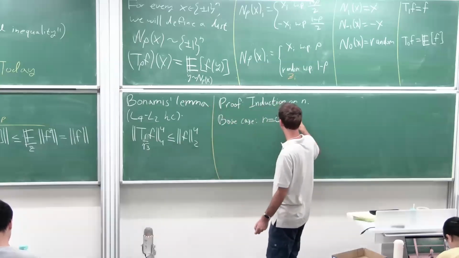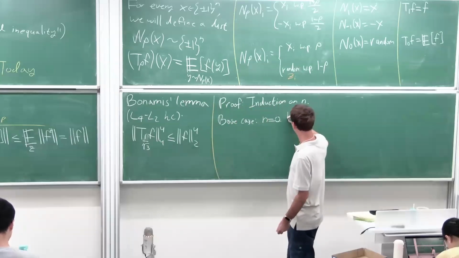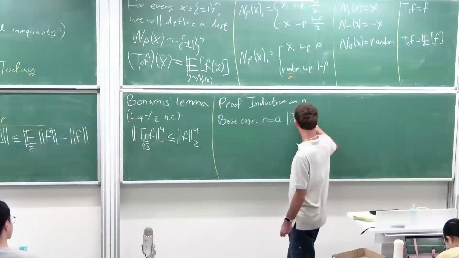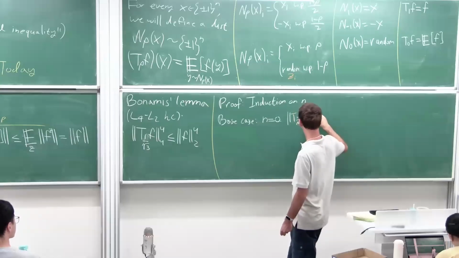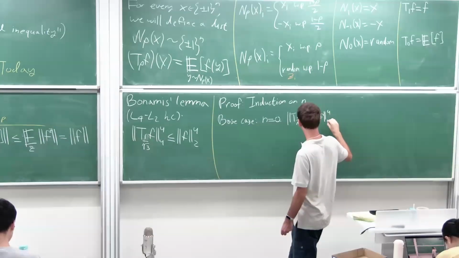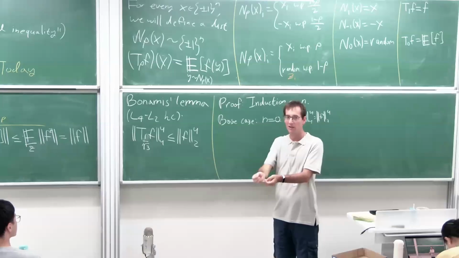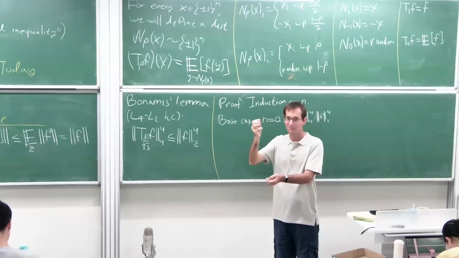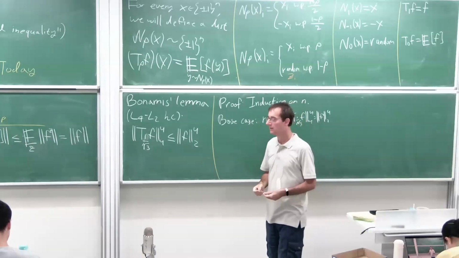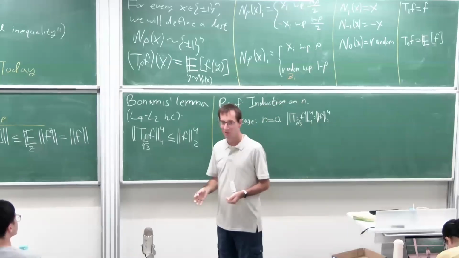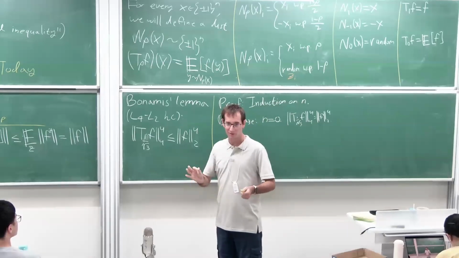So in this case, T_{1/√3} f to the 4 is equal to the 2-norm of f to the 4, just because all these things are equal to the unique value of f, absolute value to the power 4. Okay, so the base case is kind of boring. The real base case is n equals 1, but we want to do the proof this way, so you won't see it.